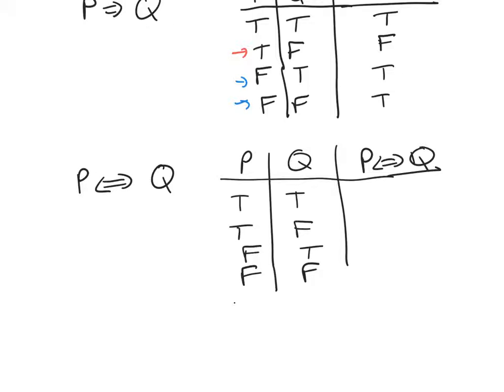They either have to be both true or both false to write down true. So in the first row and the fourth row, they have the same value, so those will be true. But in the other 2 rows, they're not the same, so those would be false.